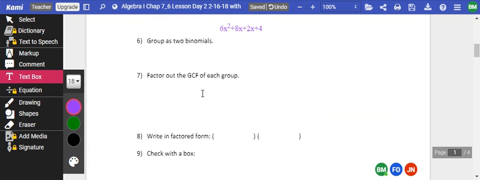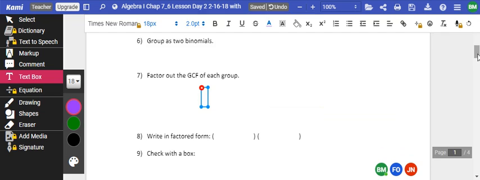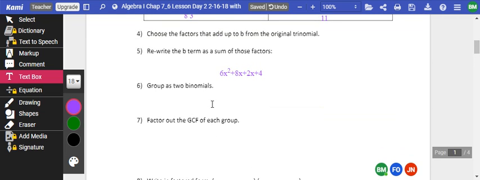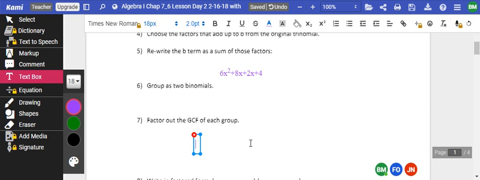Okay, there we go. So now we're going to group it. If we do 6x squared and 2x, we can take out a 2x, and I'm left with 3x plus 1. And then out of the other one, I can take a 2 out, and I'm left with x plus 1, which does not work. So I want to see how I'm going to group these together.